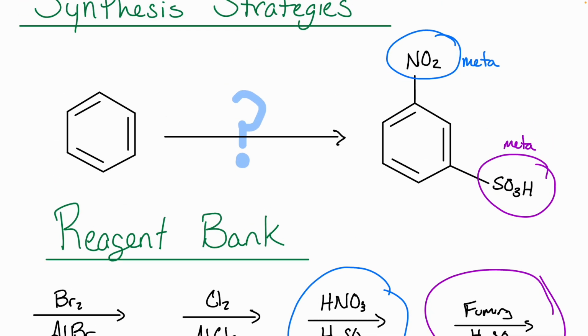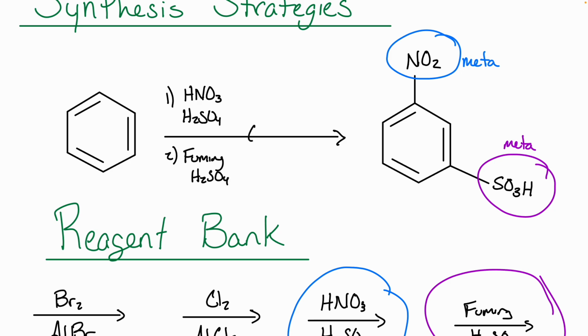Meta, okay. So for this particular example, it doesn't matter my order. I got my two reactions, but since either one are meta directors, I would have two correct answers here. First, doing my nitration reaction, and then using fuming H2SO4, or I could do it the other way.